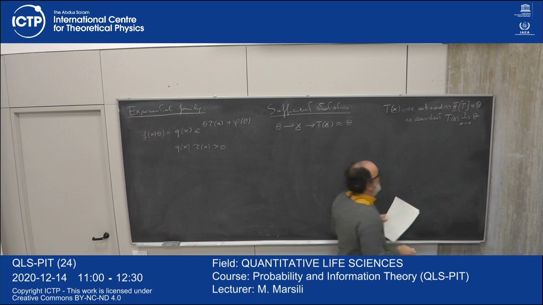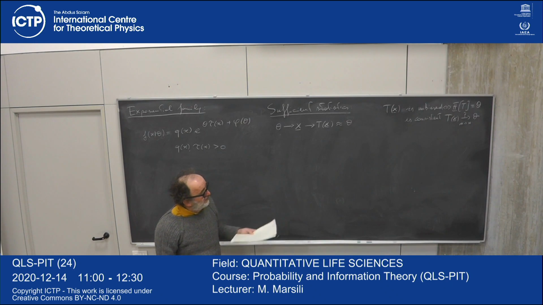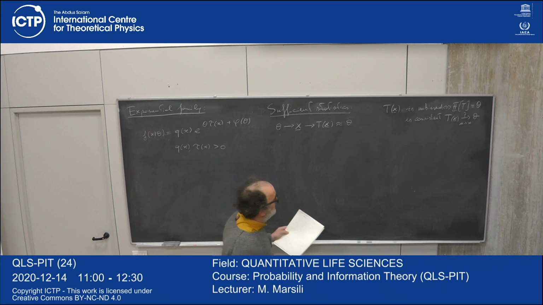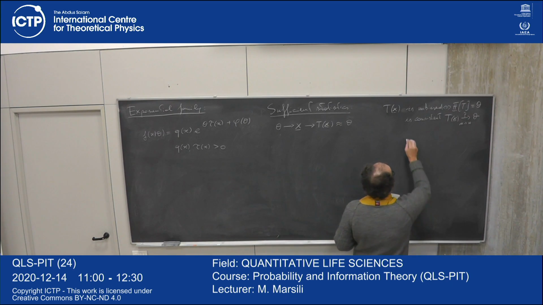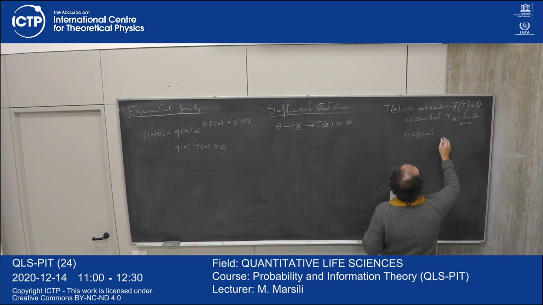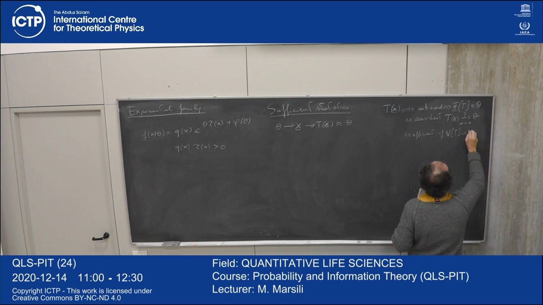So when I really have an infinite sample, the estimator really converges to the parameter. And it is efficient if the variance of the estimator is minimal.